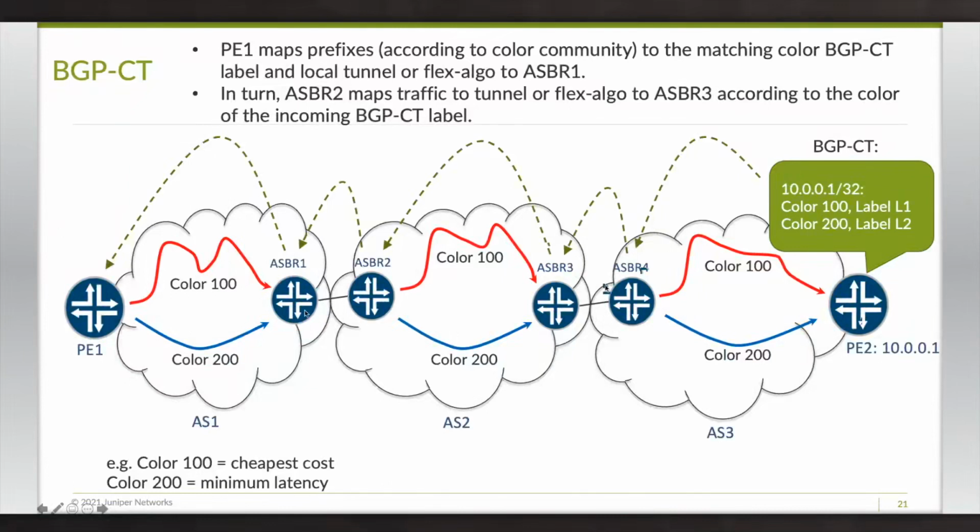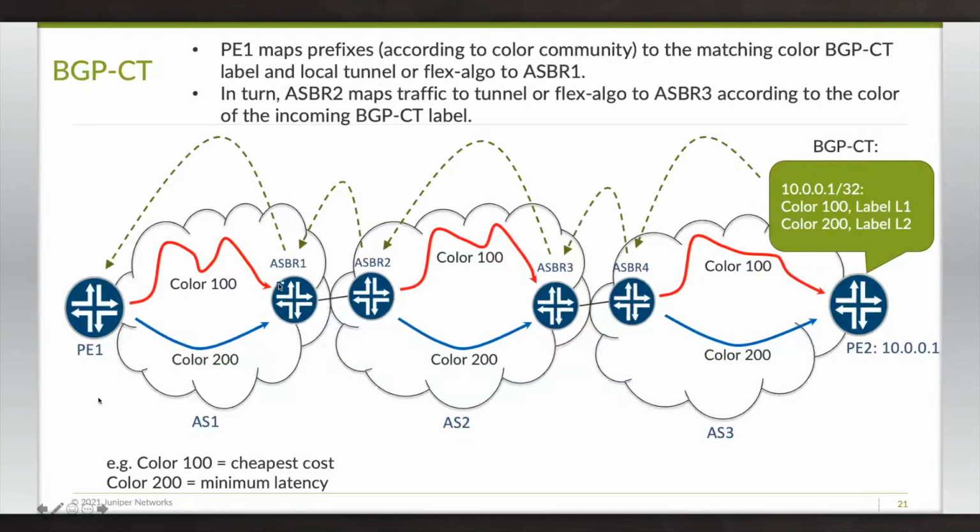The ASBRs are going to be changing next hop to self, which will change the label value as well, but that's fine. At the end of the day, PE1 sees two different label values for PE2, one corresponding to color 100, the other corresponding to color 200. From PE1's point of view, the BGP next hop is ASBR1.